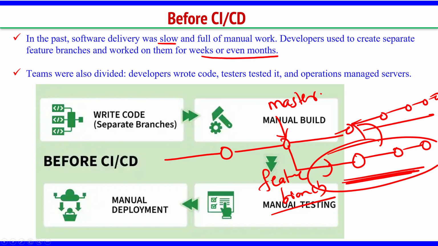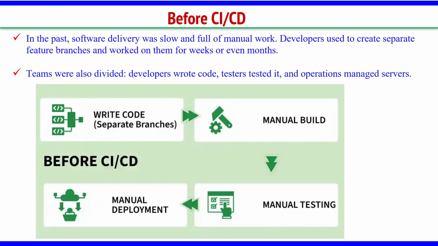So teams were also divided. Developers used to write the code, testers test it, operations manage the servers. We used to have separate teams for everything. And the biggest issue before DevOps or before Agile methodology is the communication between these people. Somebody is doing the development, that's it, his task is done.